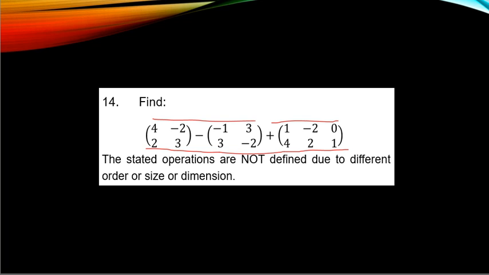So in this case, you conclude that the stated operations are not defined due to different order or size or dimension of the matrices. So you don't waste your time adding anything because you cannot.